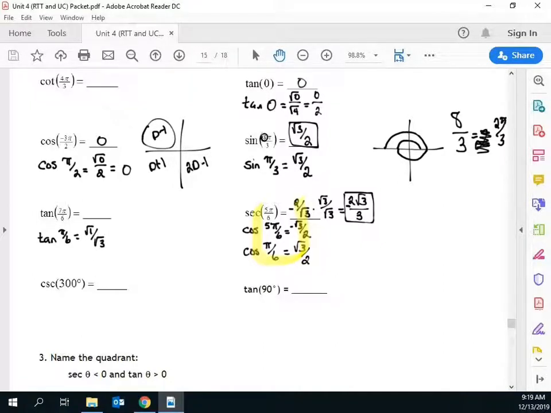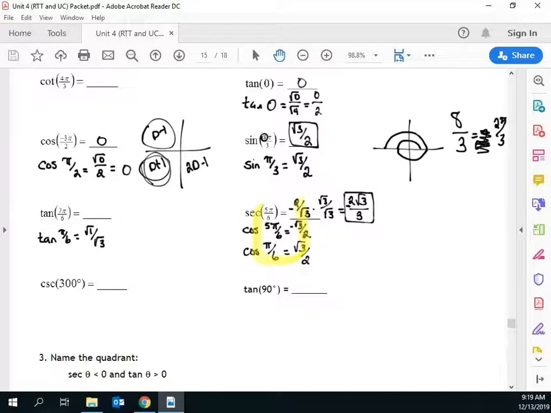What quadrant are we in? Third quadrant? Why, Hayden? There you go, because 6 plus 1 puts us right there. Third quadrant.